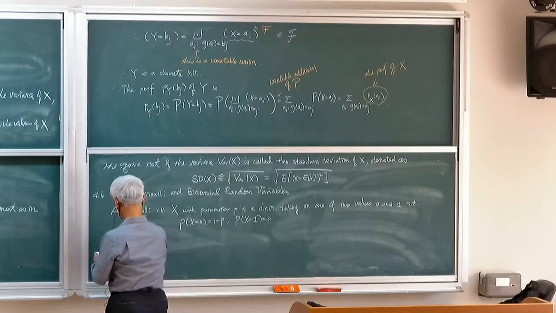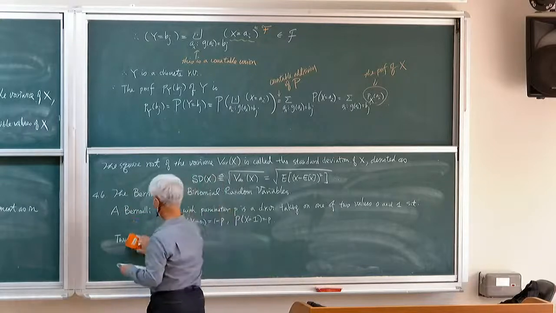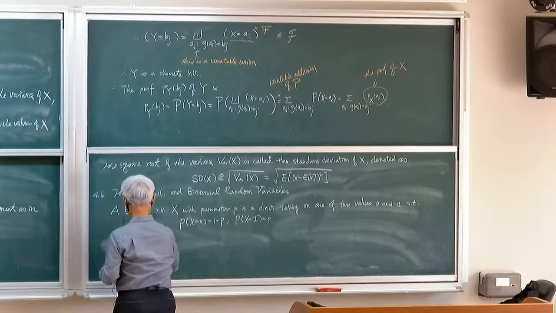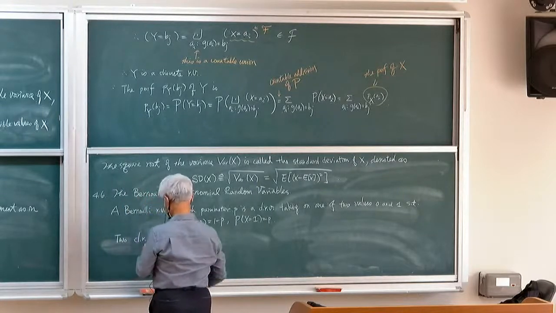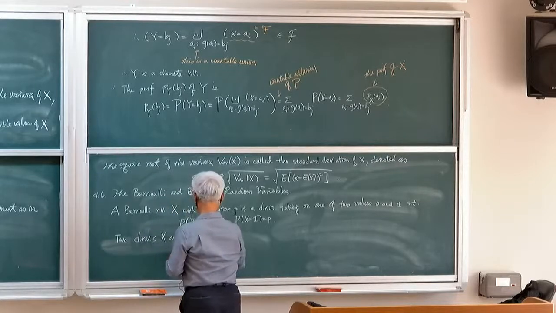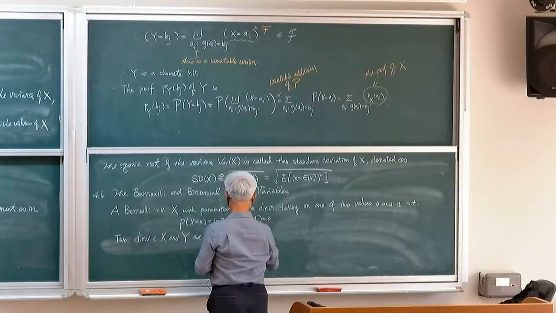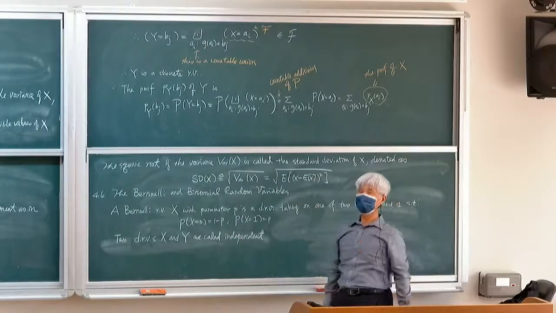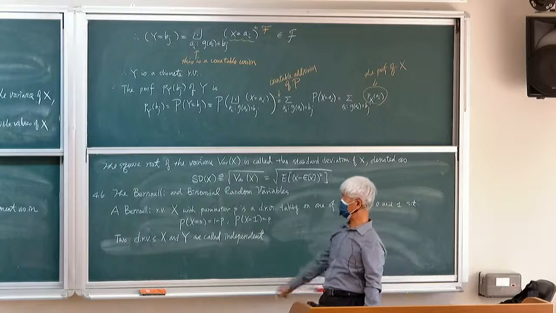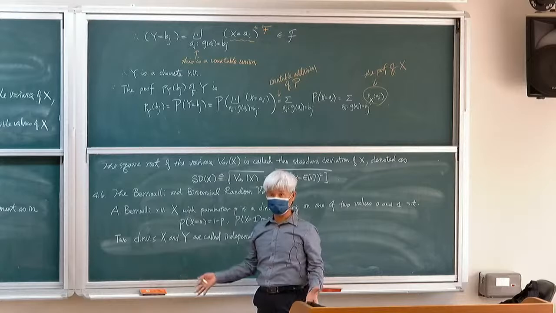Now, we say two discrete random variables x and y are called independent. Okay, so if we consider two discrete random variables, for example, x is a Bernoulli random variable and y is another Bernoulli random variable, possible, right?